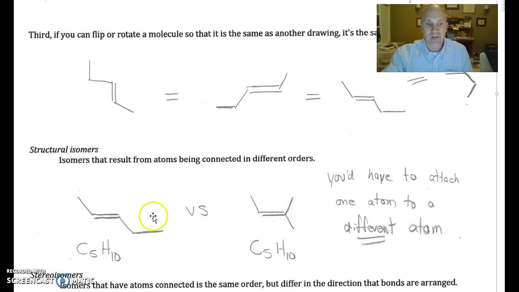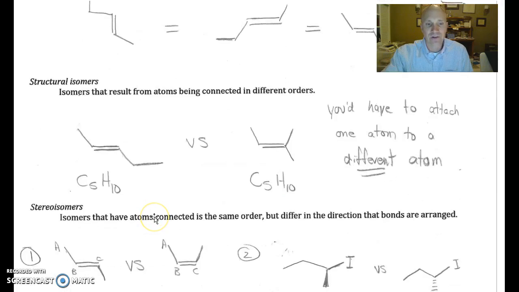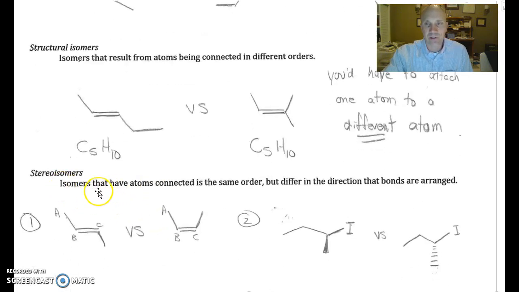All right. So by contrast, there's also what are called stereoisomers. And here, atoms are connected to the same atoms. It's just the direction that they come from the atom that's different. So, for example, if I compare these two molecules right here, and I've labeled the carbons A, B, and C. So you can see A, B, C, A, B, C. That part of the molecule is exactly the same.